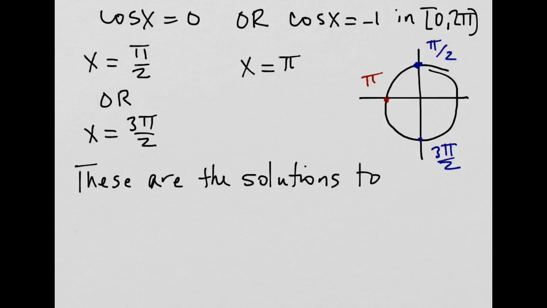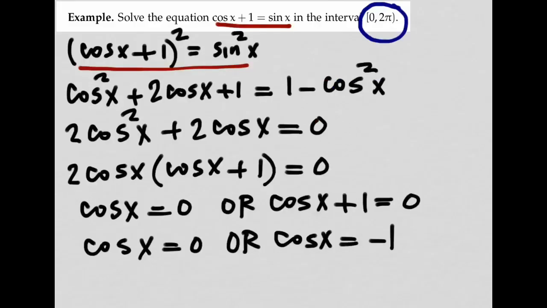These are the solutions to the squared equation, namely to cosine x plus 1 squared equals sine squared x, which is not our desired equation. Our desired equation is cosine x plus 1 equals sine x.